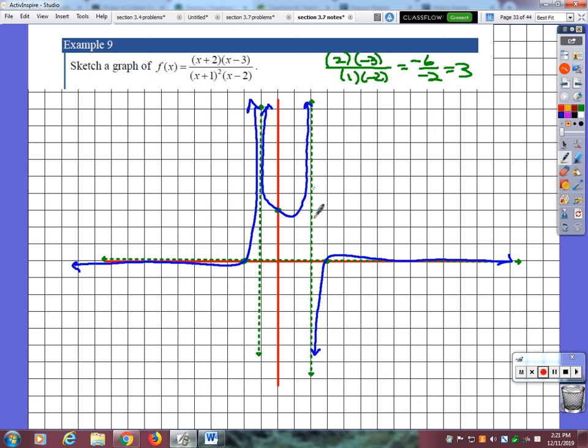Because then I wouldn't have a vertical asymptote right here. No, this vertical asymptote is going to be for both. Okay, so here's how I know it doesn't go like that. If I try to plug 2 into here, I get 0 on the bottom and that's undefined. So I know that this piece can't go through either one of these asymptotes.